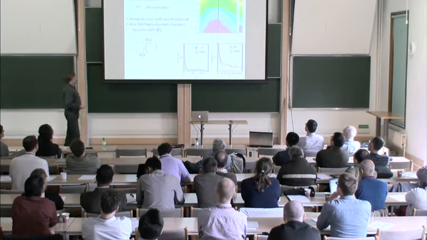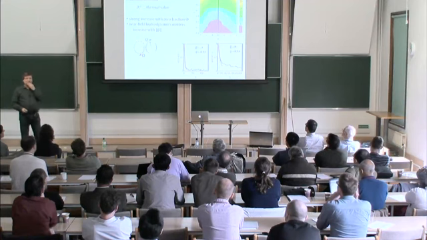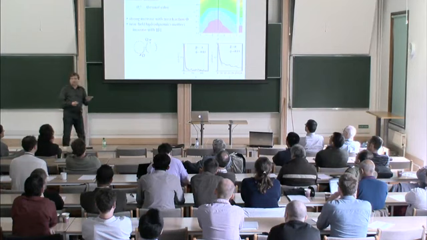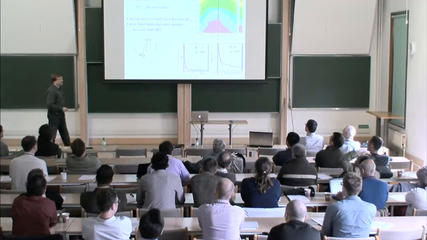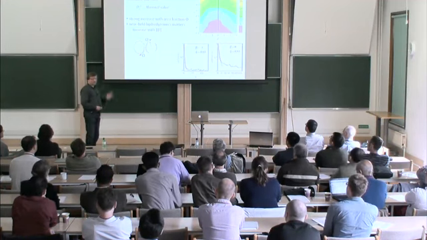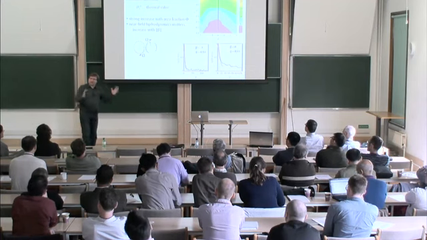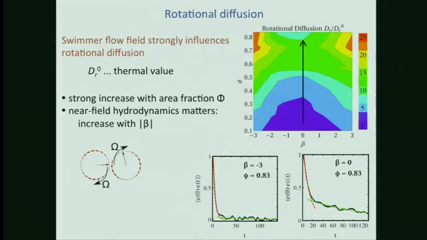So I already said this has a lot to do with the local flow field. One means to characterize this, and I'm sure there are a lot of other means, is that we also looked at the rotational diffusion. So basically, what is the rotational diffusion of a squirmer embedded in other squirmers? And we refer these values to the thermal value.